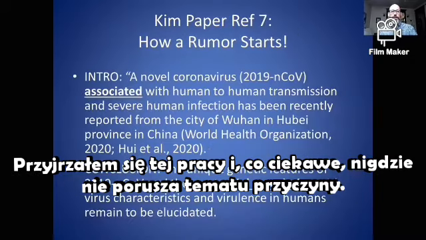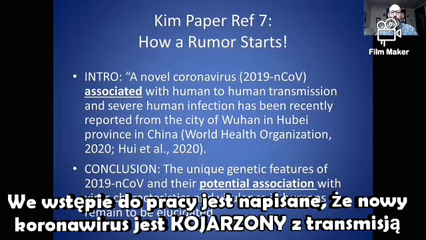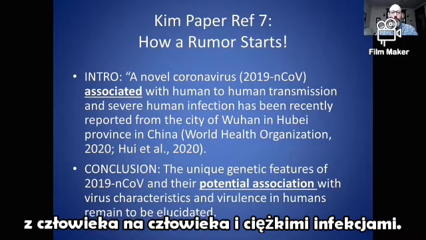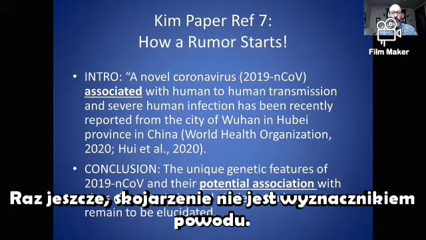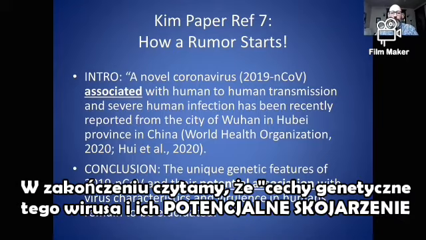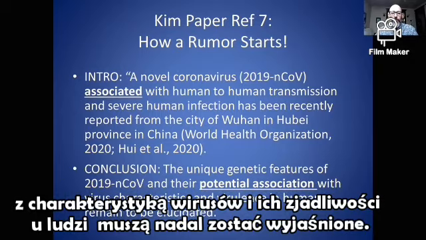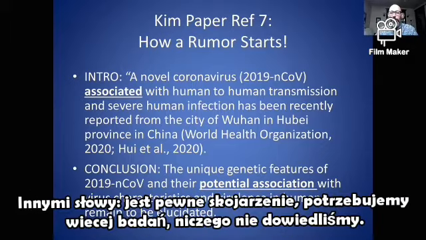I went and looked at that article, and interestingly, it doesn't say anything about causation anywhere. In the introduction, it says that a novel coronavirus is associated with human-to-human transmission and severe human infection. Once again, association is not causation. And in its conclusion, it says the genetic features of the virus and their potential association with virus characteristics and virulence in humans remain to be elucidated. So in other words, there's some kind of association. We need more research. We haven't proven anything.